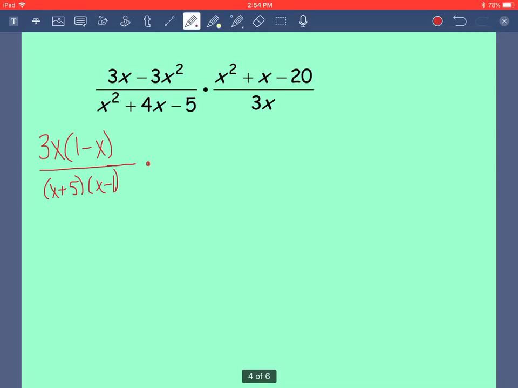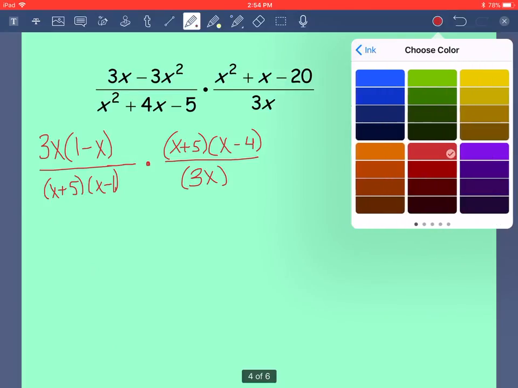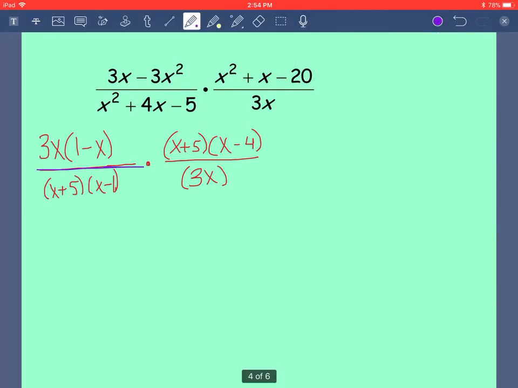Then I've got times x squared plus x minus 20, which factors to be x plus 5, x minus 4, and then over 3x. All right, it's a multiplication problem, so I can just extend my line all the way through. So make it one big division problem.